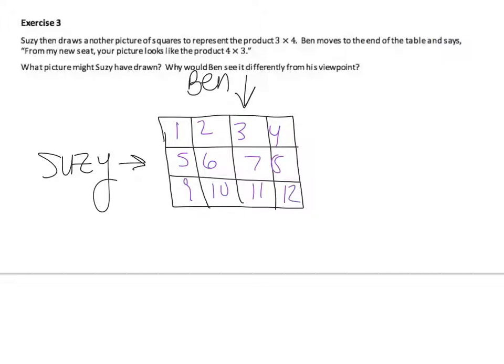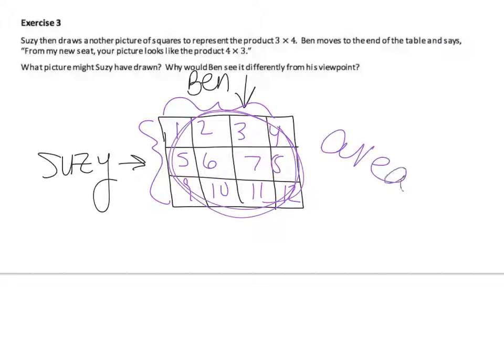No matter if I start counting from this side or from this side, my area inside the grid is constant. No matter if I'm sitting in Susie's seat or in Ben's seat, the amount of small squares is completely solid.